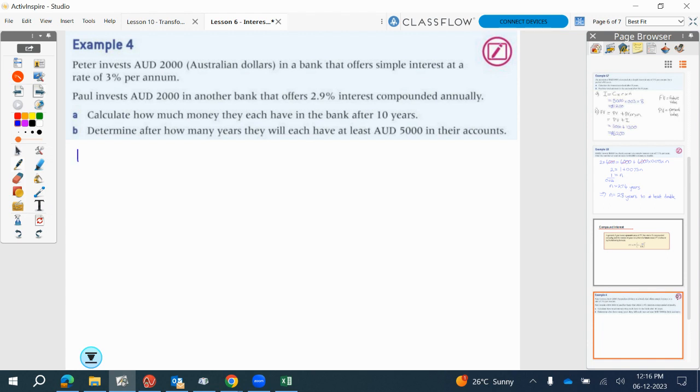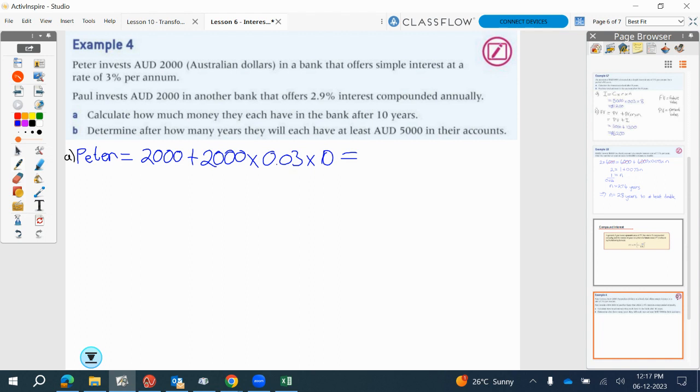So we need Peter. After 10 years, it is going to be 2,000 plus 2,000 times, what's the interest rate? 3%. Times how many years?